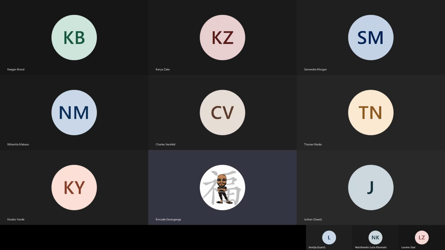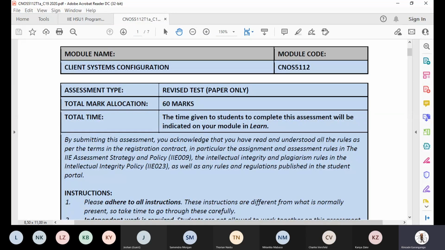Right, so that's your paper at large. By default, these test papers are normally 60 marks, and obviously pass mark is 50% as far as your particular mark allocation there is concerned.